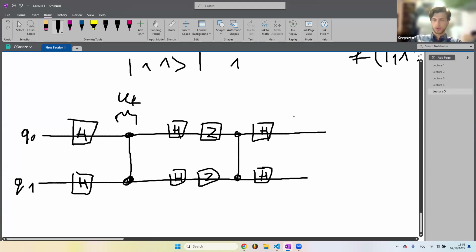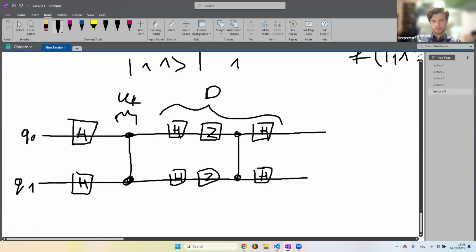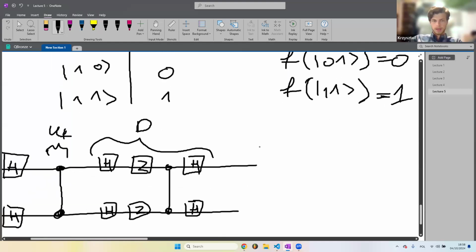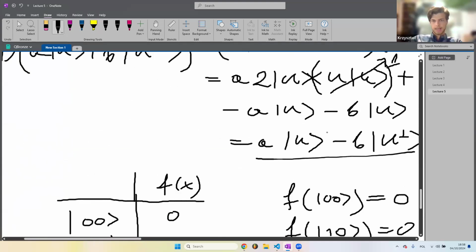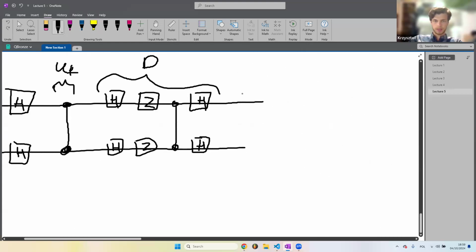I'll try to show you that this is our operator D, the same as written here. And then we can read our results and see what happens.